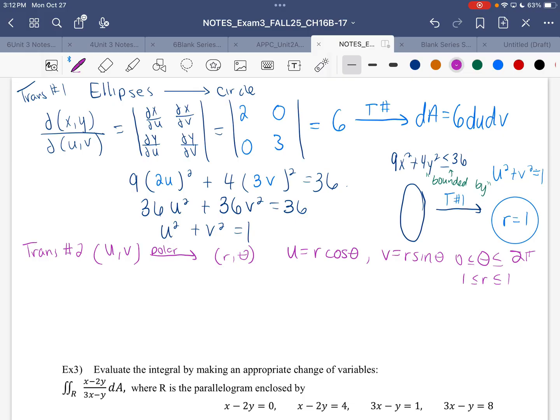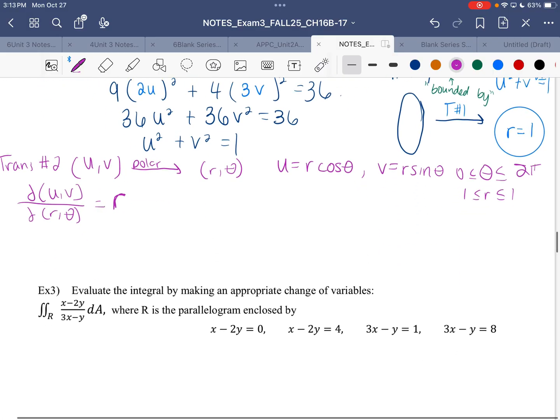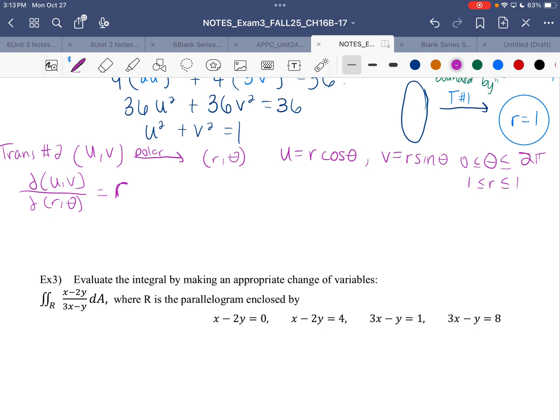What do you think the Jacobian for du dv over dr d theta is going to equal without having to do it? r. If you want to do it, feel free.